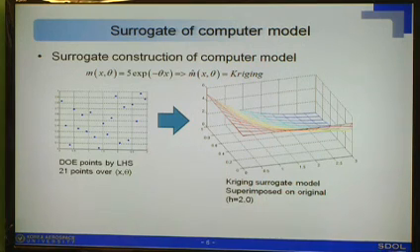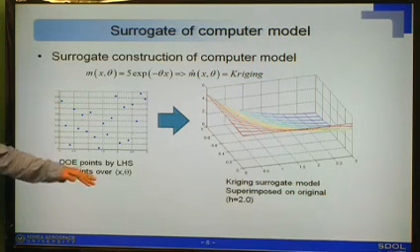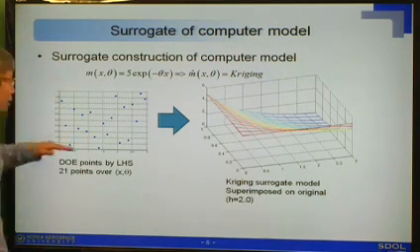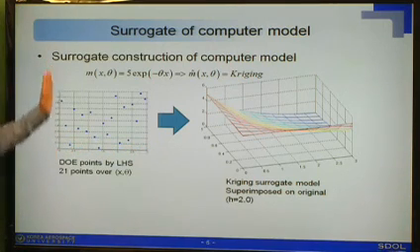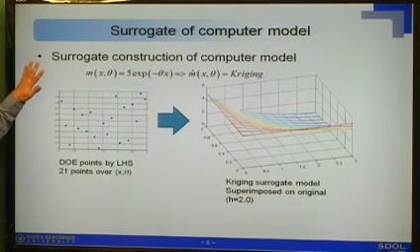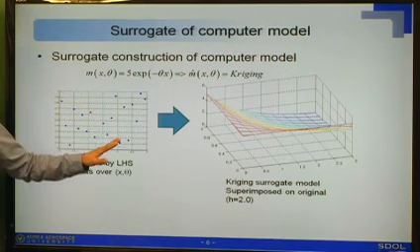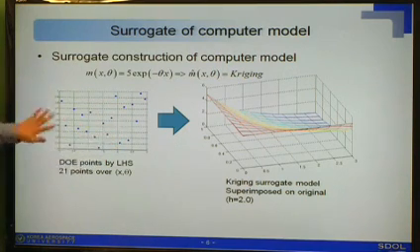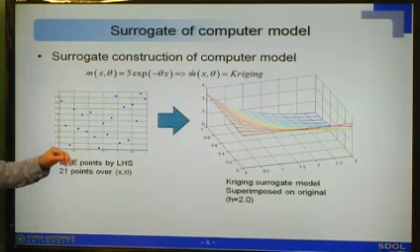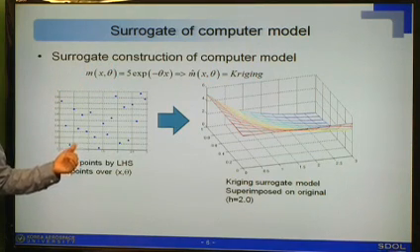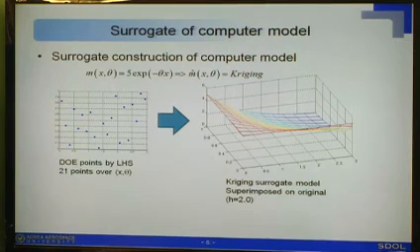Under this understanding, we generate Latin hypercube sampling. In this case, 21 points are generated. Horizontal is x, vertical is theta. And we have 21 points. The idea is to span this whole area as best as possible, using only a finite number of points. And the result is these points.